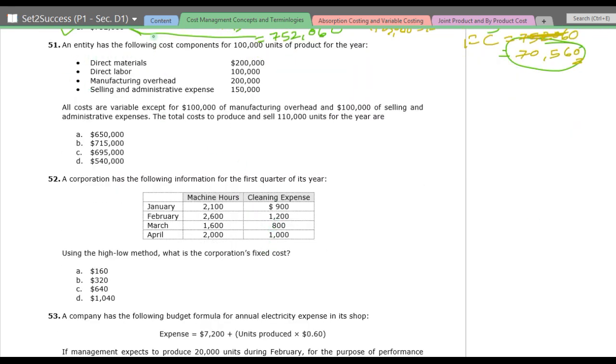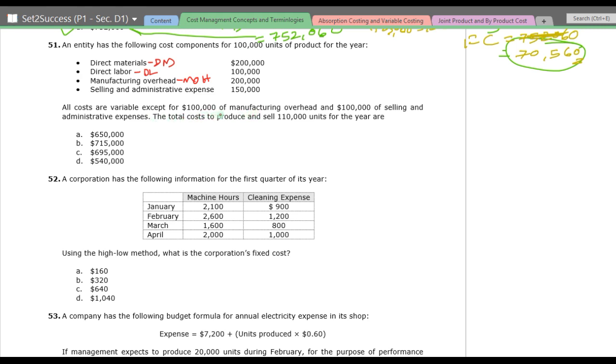An entity has the following cost components for 100,000 units of a product for the year. We have direct material, direct labor, manufacturing overhead, and selling and administrative expense of 150,000. All costs are variable except 100,000 of manufacturing overhead and 100,000 of selling and administrative expense.